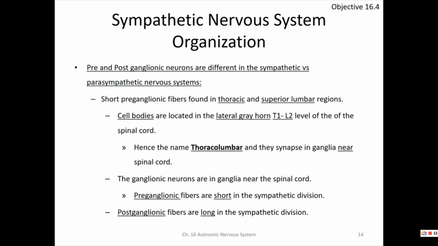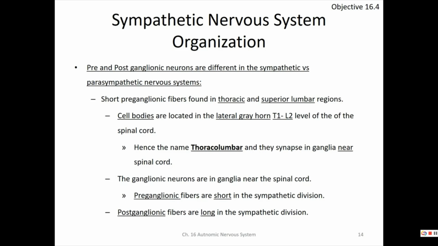Now, remember, there was a neuron from the hypothalamus that comes down to the brain stem or to the autonomic nucleus in the spinal cord. So the first neuron from the hypothalamus goes down to the brain stem or the spinal cord.